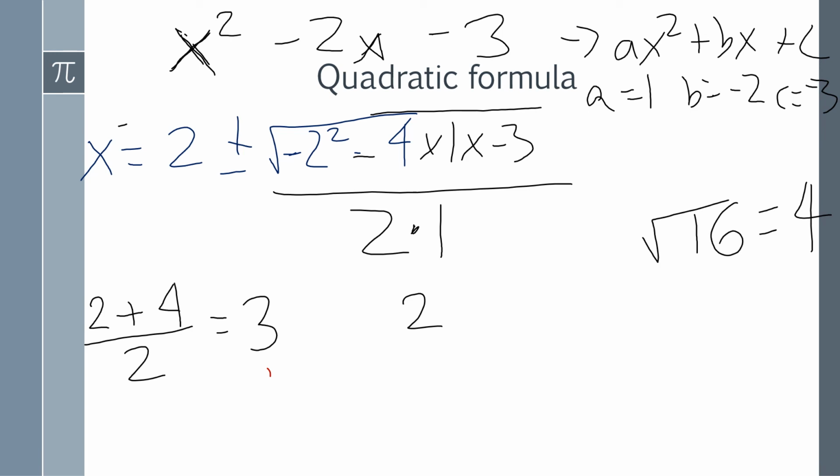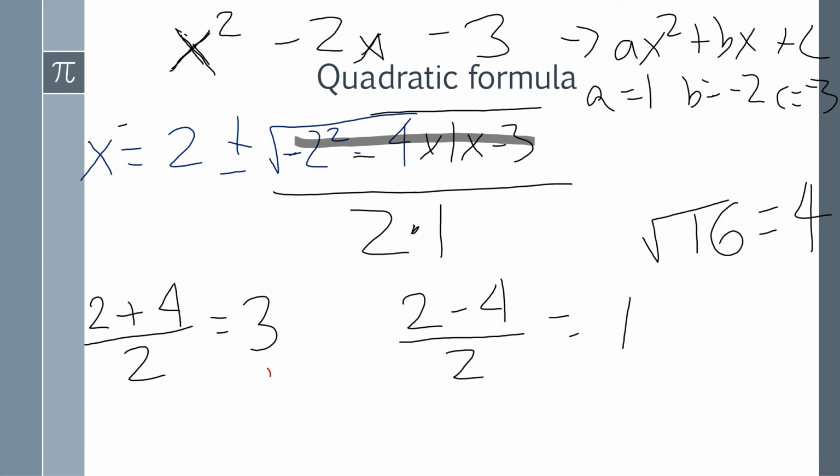So plus minus 4 over 2. So 2 minus 4 is negative 2, right? Negative 2 divided by negative 2 is positive 1. That's your final answer.